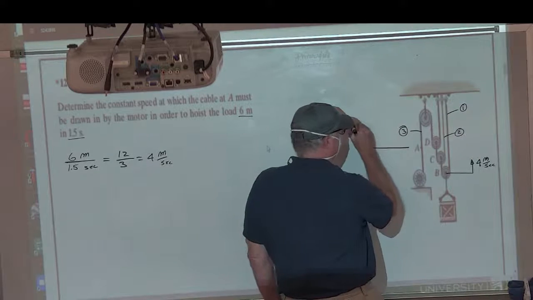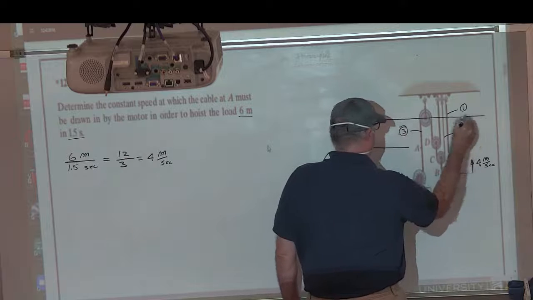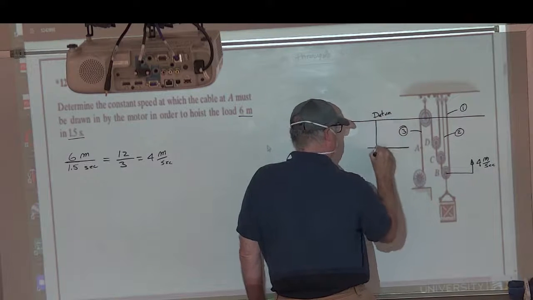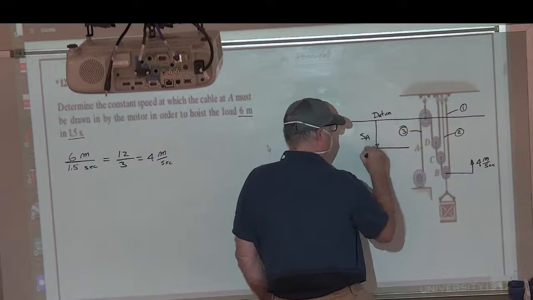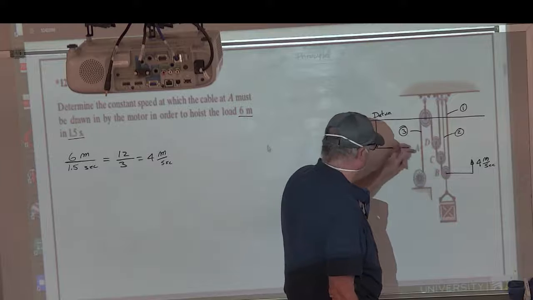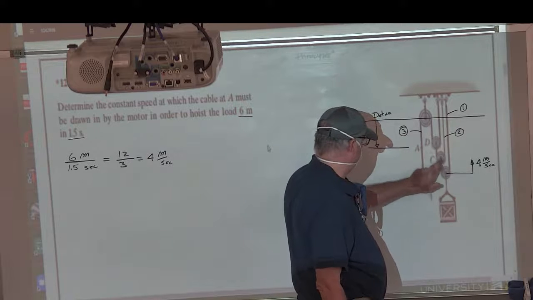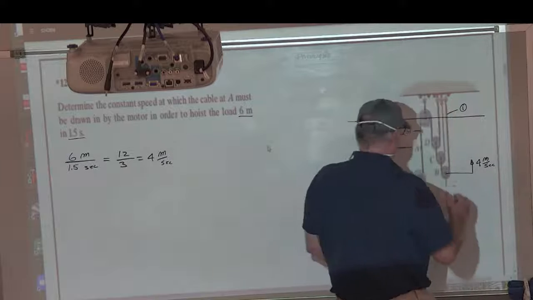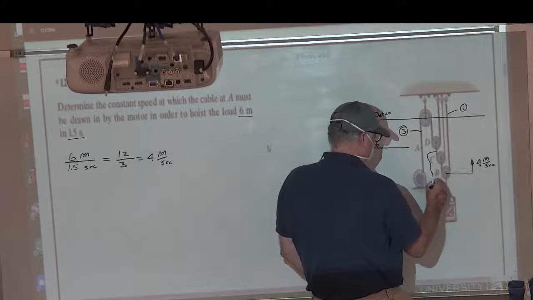I'm going to pick a datum. Sit still, and it is right there. SA. Here's a pulley. It's already labeled for us. It's labeled D. This one's labeled C. This one's labeled B. That's rope 2.